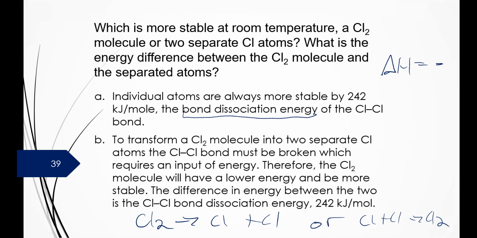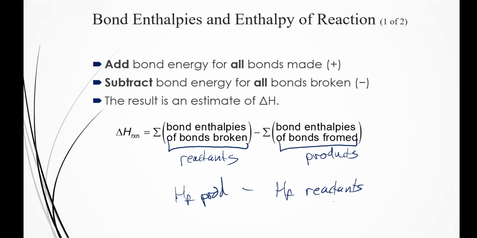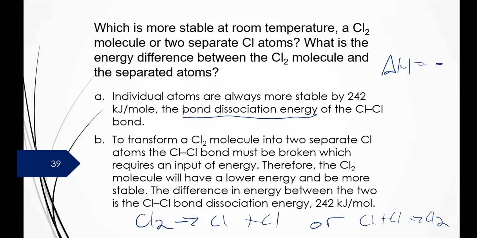So if we think about this, well, that bond energy is going to be our bonds broken minus our bonds formed. And so the Cl and Cl by itself have no bonds, and the Cl2 has one bond.